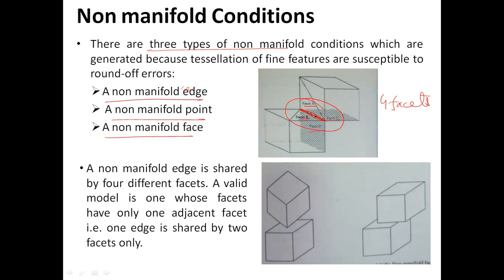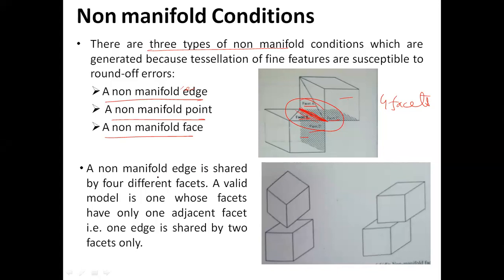In this case, you have to change the orientation of these two objects, or move the location of the joining, so that the edges become distinct. As we know, a single edge can be shared by only two facets, not by four facets.